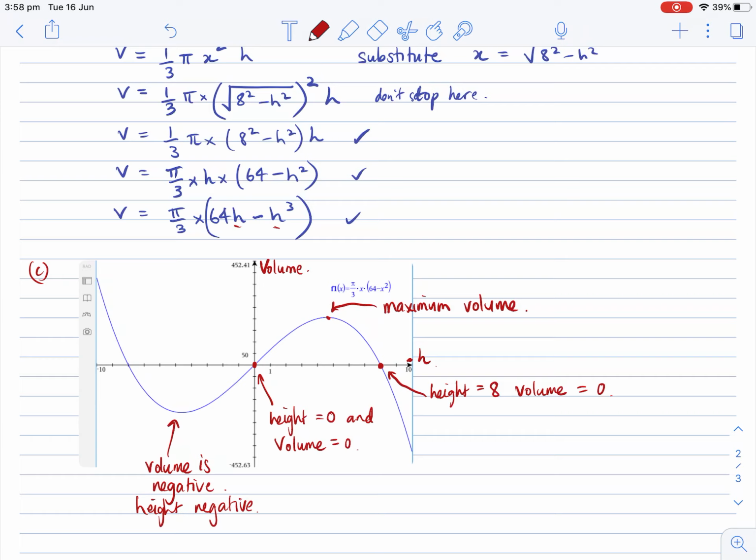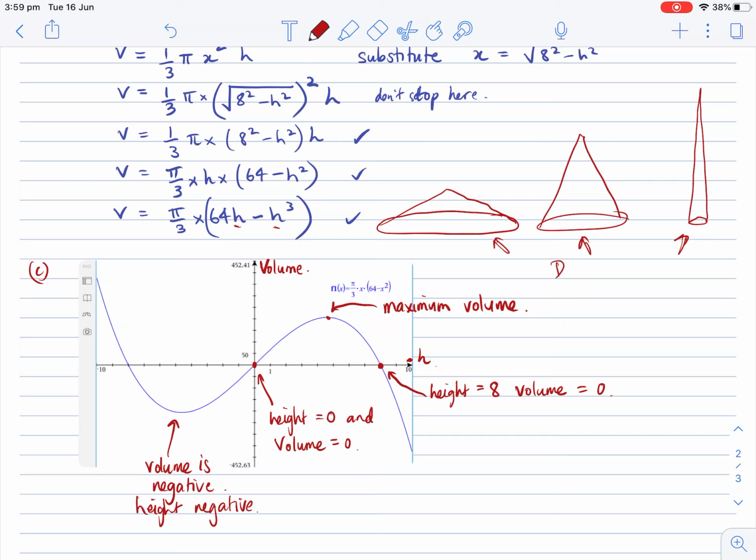So when I'm adjusting the height here, I would be by default also adjusting the x value. And so we're either having a sort of mid-size cone, or we might have a really wide and low cone, or we might have a really tall and skinny cone. So all of these are going to give me different heights and different volumes.